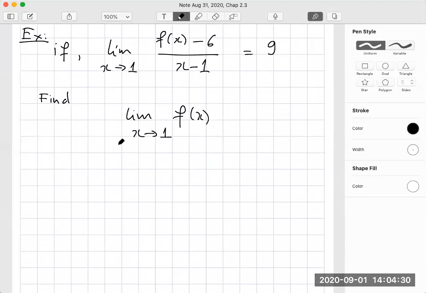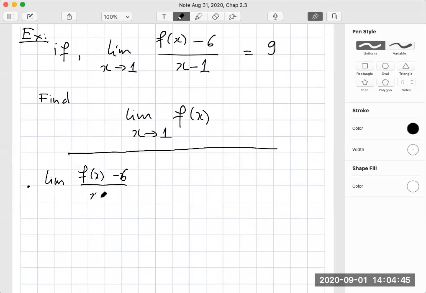In order to deal with this problem, let us write what we have and see what we can do with that. We are given that the limit of f of x minus 6 divided by x minus 1 when x approaches 1 is 9, right?